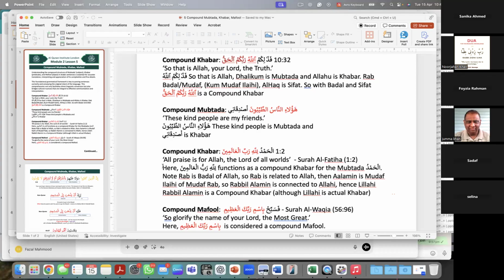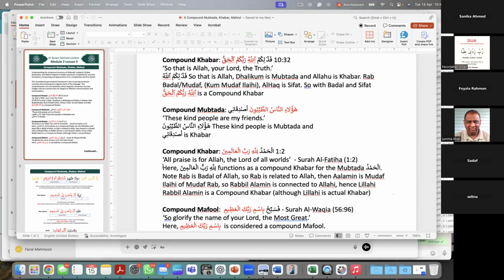Rabbukumul haqq. Rabbukum and al-haqq. What is al-haqq? The truth. Yes, grammatically, what would you say? Sifat. It is ism, yes, but grammatically, it's wrong. You see, it's al. We cannot say sifat. Or can we say sifat?